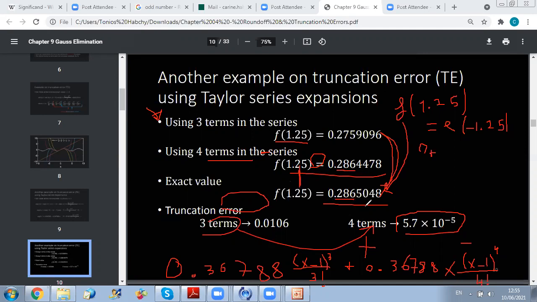So when you subtract, the error is of the order of 5.7 times 10 to the minus 5, which is pretty good. While if you just take three terms, then you will start to have a difference from the second digit after the decimal point. This is why here when you subtract, it's of the order of 10 to the minus 2, 0.01 something.